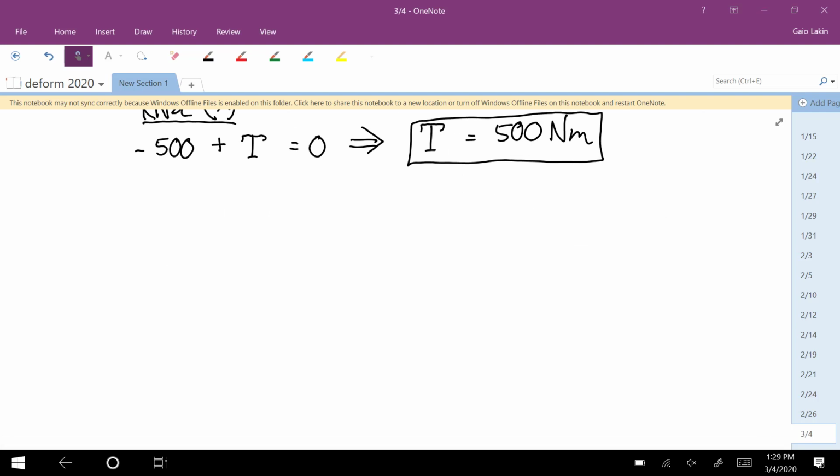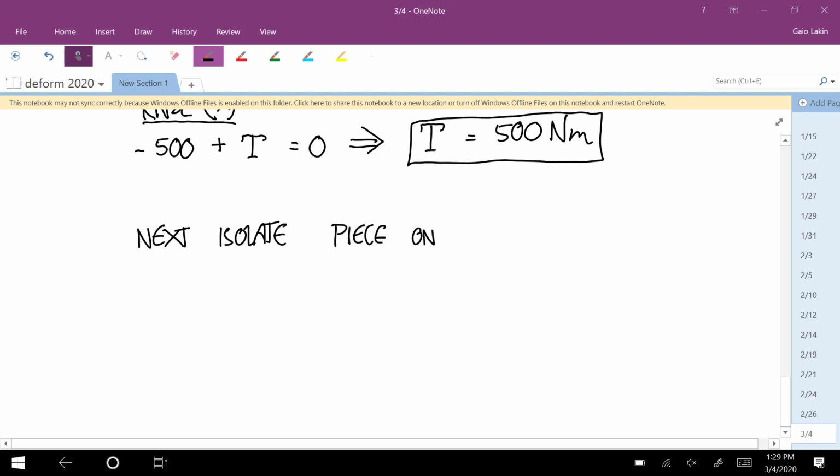Okay, so now we're going to isolate a piece on the left side of the beam with length x.